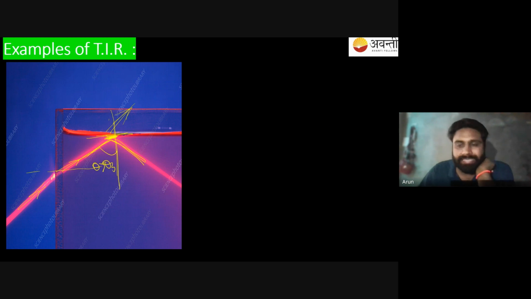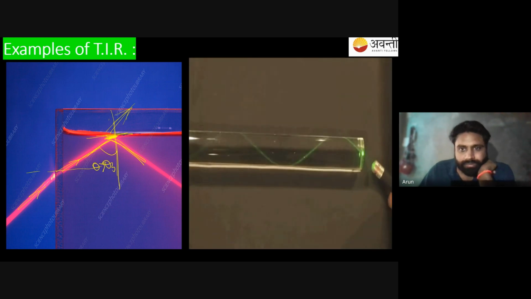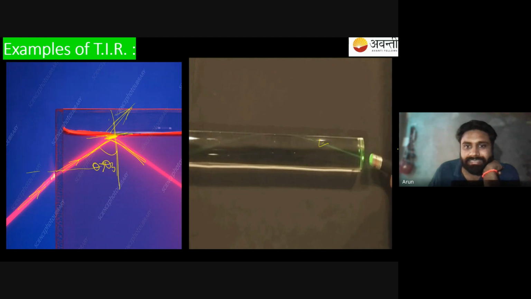TIR is taking place here. You can see in this GIF, by moving the laser, the angle of incidence changes and the TIR phenomenon takes place. You can see it very clearly.